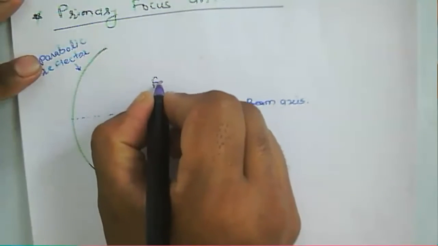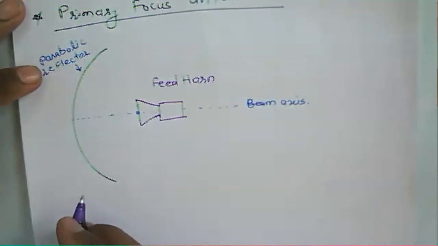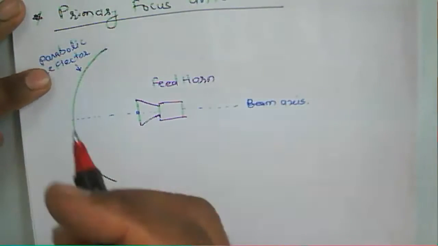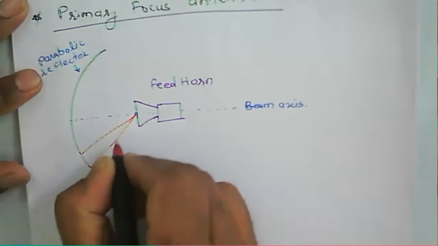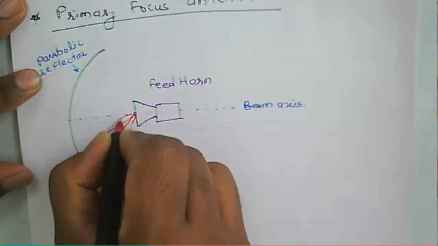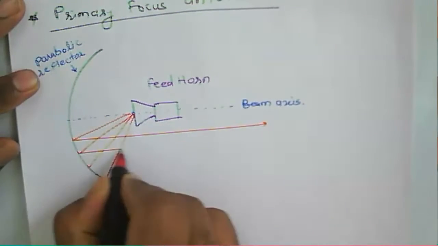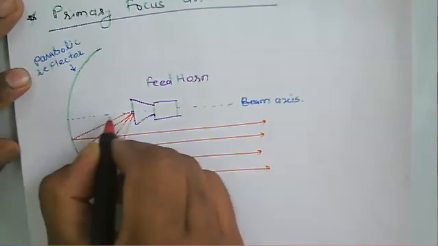This one is nothing but the feed horn that is to be used, and then a signal comes from this antenna that will be directed in the space here.